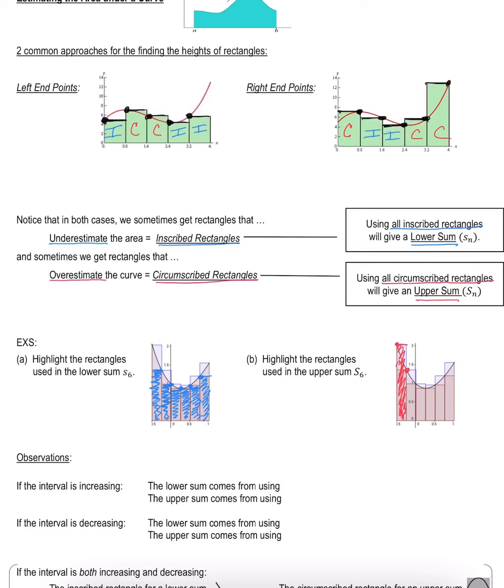Again, the next one, a left endpoint that's giving us too much area, and same thing on the third. But now as I go into the last three, it is the right endpoint that is giving us too much area. Right endpoints, overestimate. Right endpoints, circumscribed rectangles.